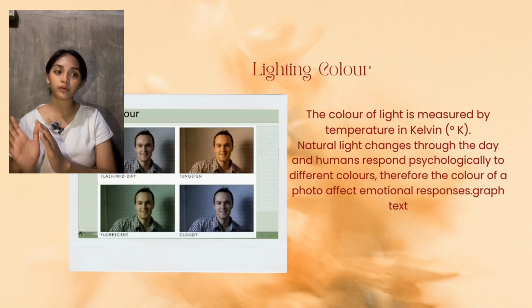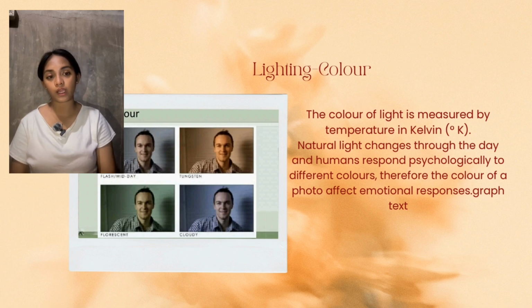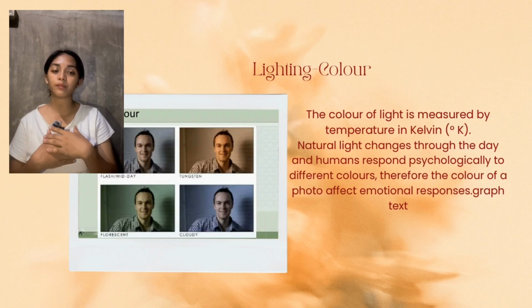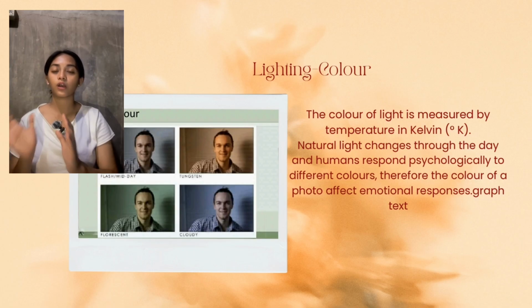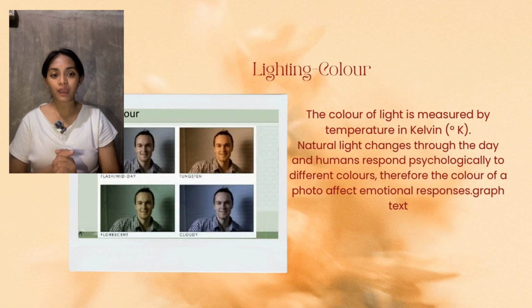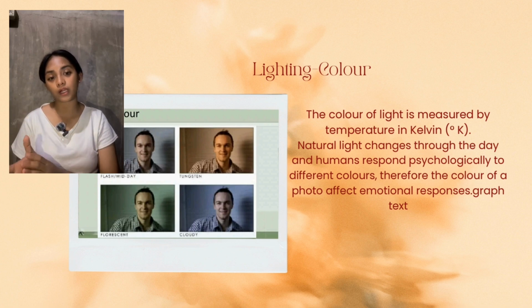This variation influences viewers' psychological and emotional responses. Warm hues tend to evoke comfort and familiarity, whereas cooler tones convey calmness or tension. So understanding lighting color is essential for achieving the intended expressive and aesthetic impact of the photographer's work.